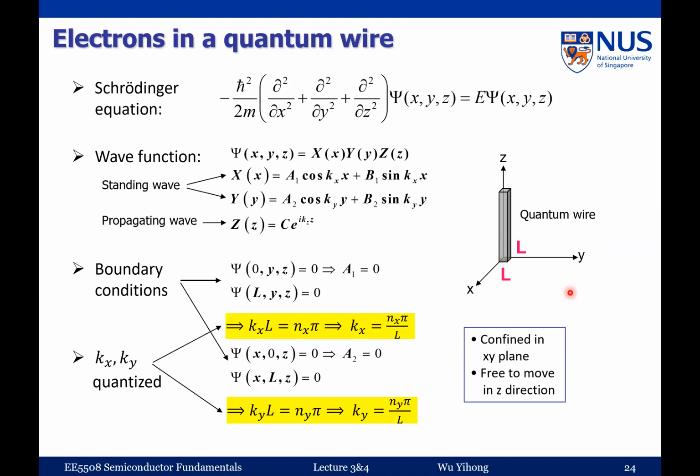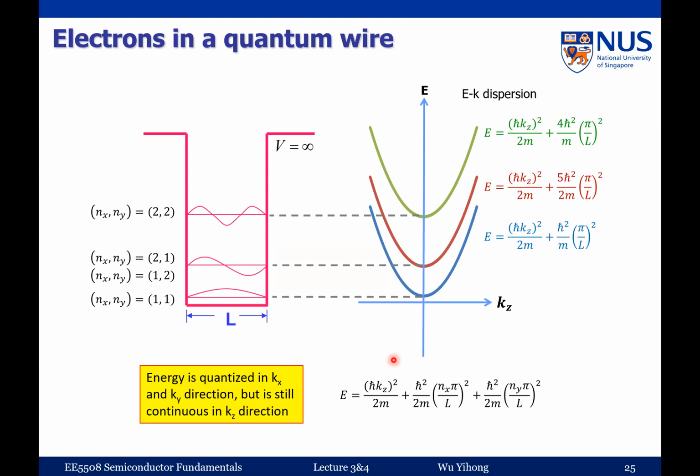Now we can see that kx and ky are quantized, and we substitute in to get the energy. kz is able to change continuously because there's no confinement in the Z direction. But in the X and Y directions, the wave number is quantized, and we have two different indices: one for kx, the other for ky.